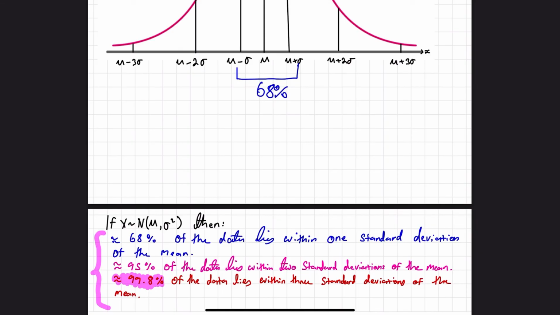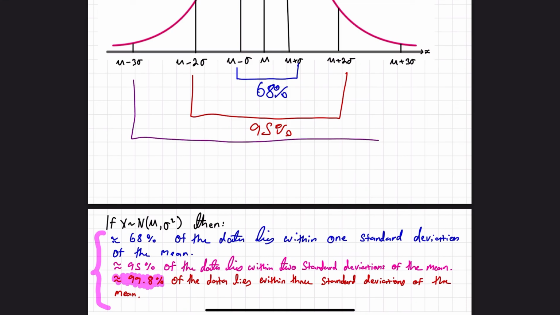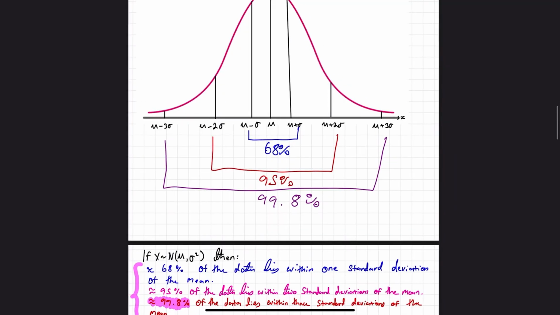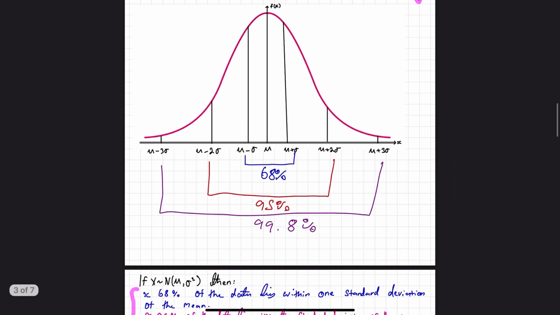So between the mean minus 2 standard deviations and the mean plus 2 standard deviations, we have 95% of the data. And then between 3 standard deviations of the mean, we have 99.8% of the data.